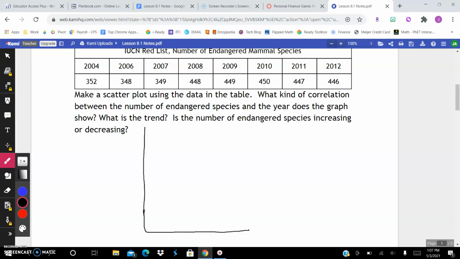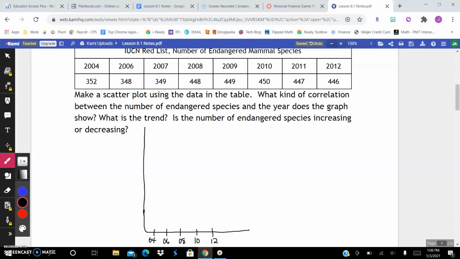All right, so the years are going to go at the bottom, and I have to go from 04 to 2012. Go by twos.